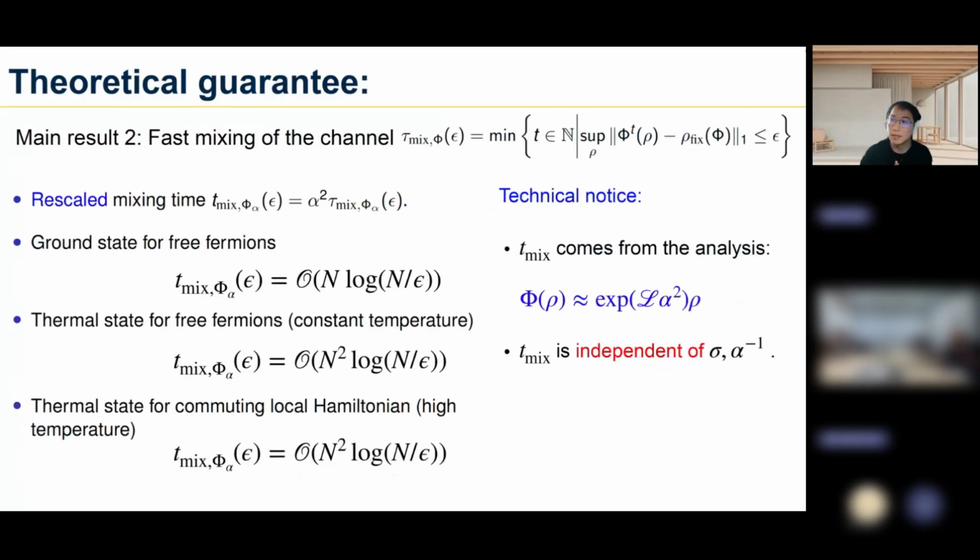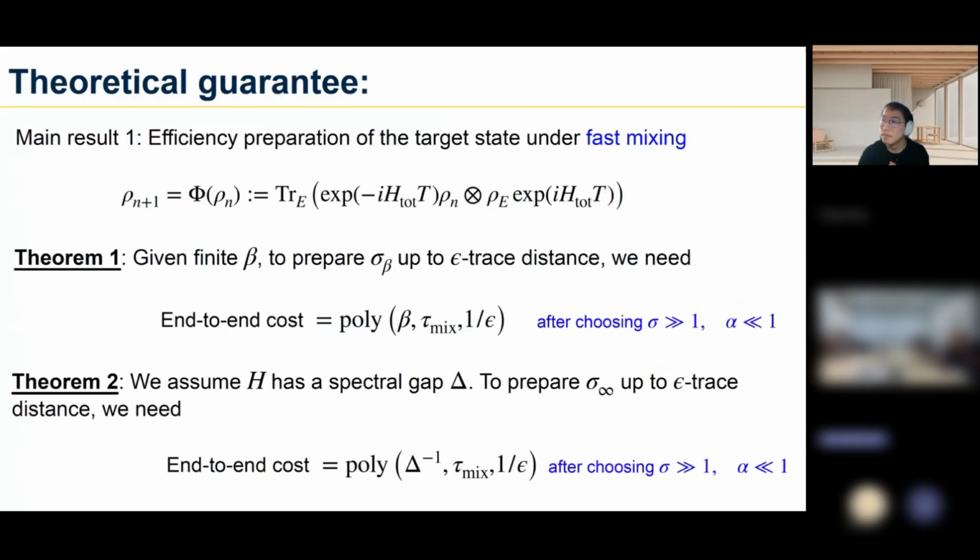Does it have any consequences on how easy it is to implement, whether we are in the strong coupling or weak coupling regime? Does it translate into ease of implementation? Right, I do think this is a very good question. In our paper, theoretically, we can only show that when alpha is very small, we can efficiently prepare the thermal state and the ground state.